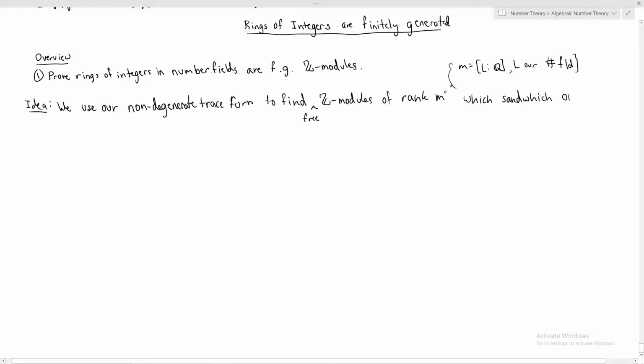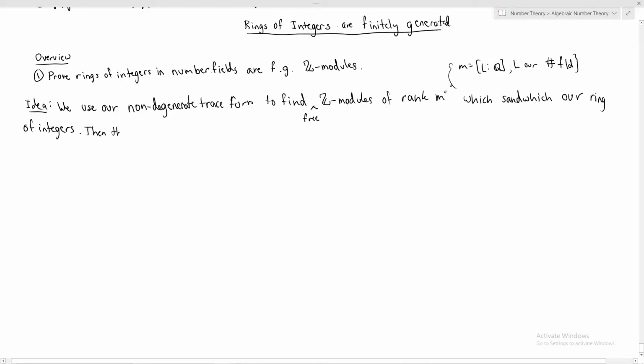So our ring of integers is going to fit between these two free Z-modules. And then from here, the result will follow basically from general facts about finitely generated modules over a principal ideal domain.